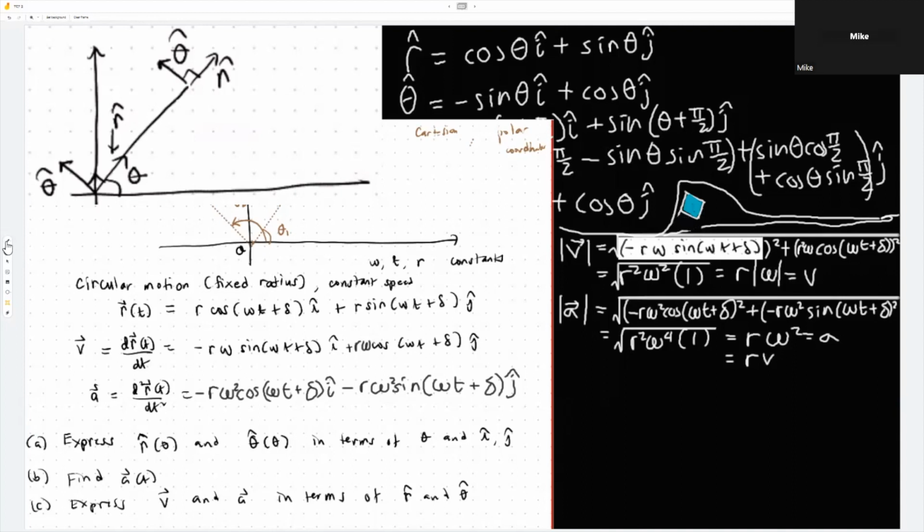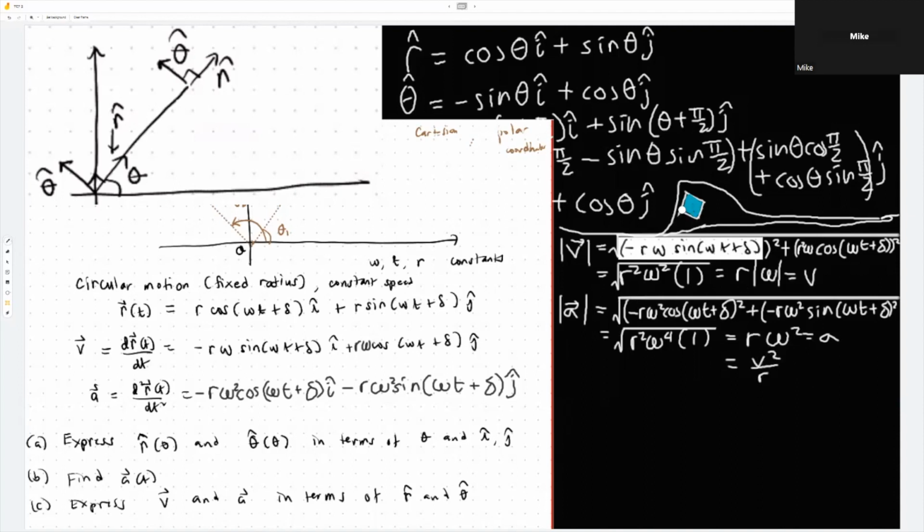Hindi mo? What is omega? Omega is V over R, di ba? So when you square that, omega is V over R, and then V over R squared equals... what?